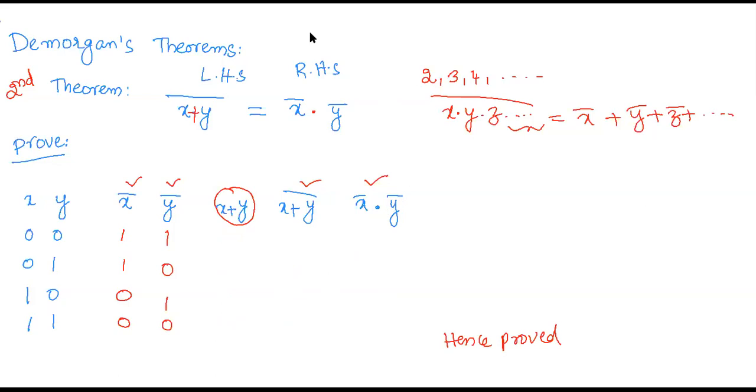Now we will see the values for the different input combinations. Already we have written x bar and y bar. Now do the addition of x and y: 0 plus 0, 0 plus 1, 1 plus 0, 1 plus 1. 1 plus 1 is equal to 1 only.